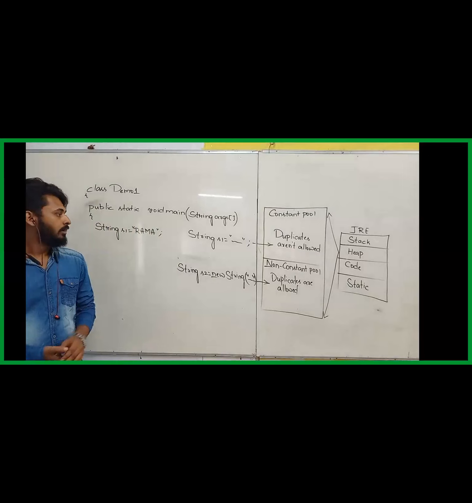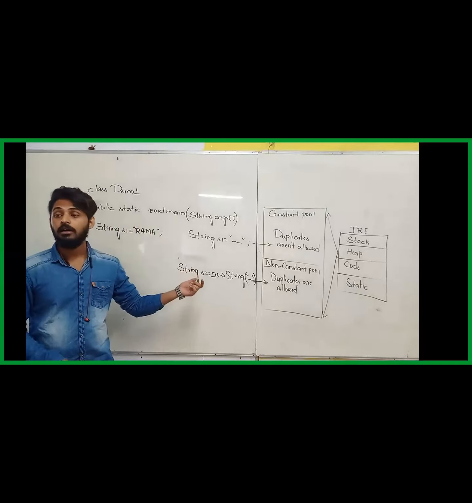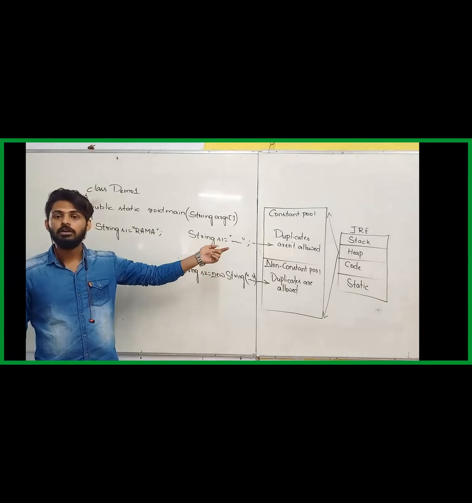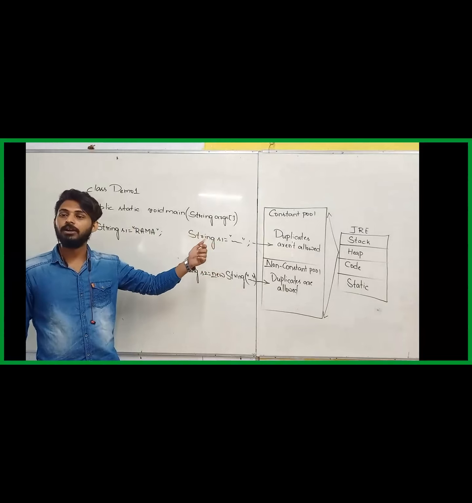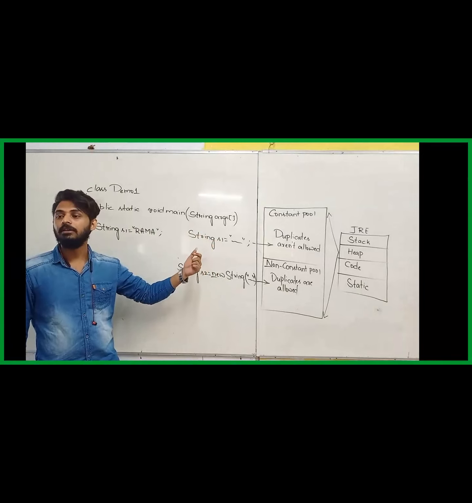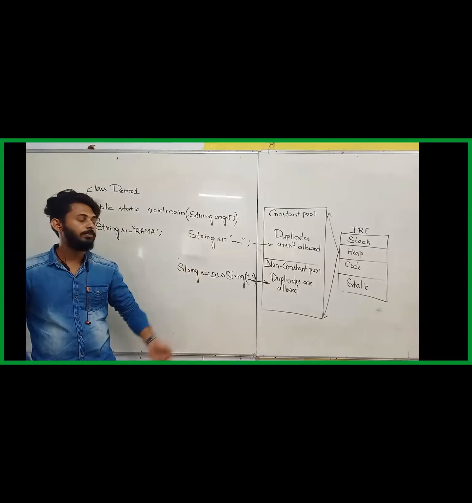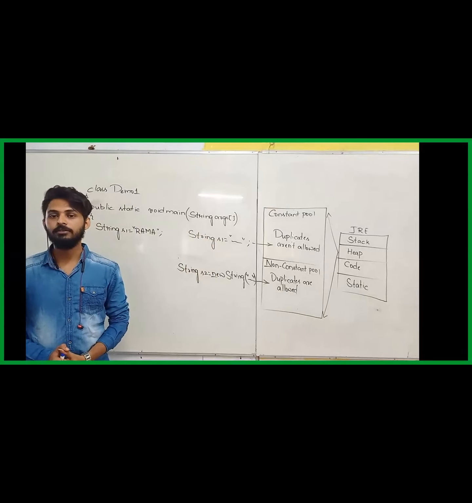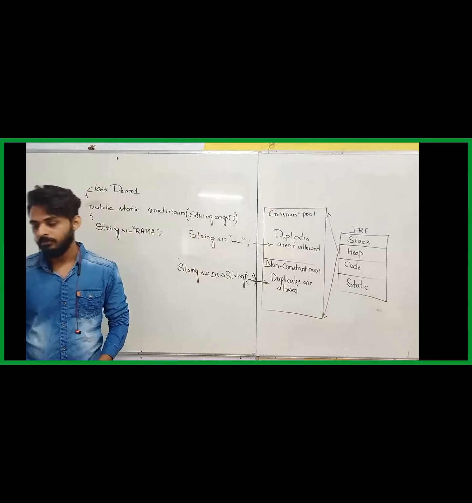If I use the new keyword, it will go to the non-constant pool, and without the new keyword, it will go to the constant pool. And what is the speciality of the constant pool? Duplicates are not allowed, whereas in the non-constant pool, duplicates are allowed. Is that clear? Yes, no? Okay.